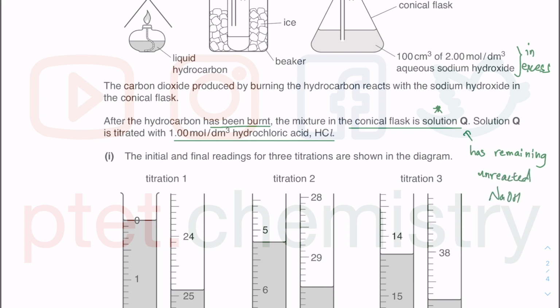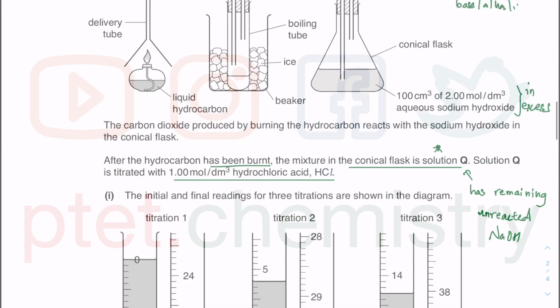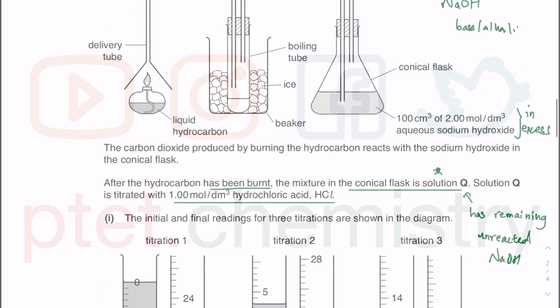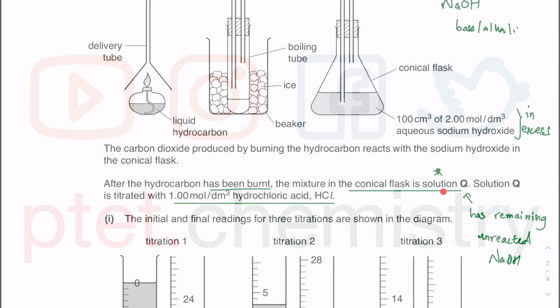This is what you put in all together. Some of it reacted with CO2 as per this equation, but the thing that remains will be unreacted NaOH, and this is solution Q.